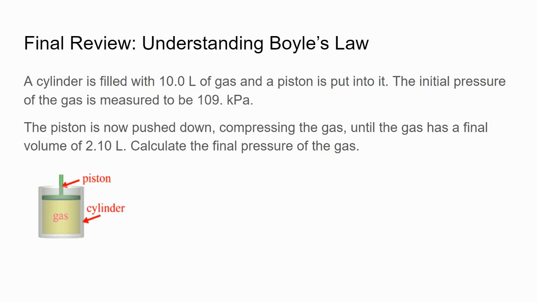I can't find kilopascals. Oh yeah, let's keep it in kilopascals. 109 times 10 divided by 2.1. Yeah, 519. Okay. That works. And then we also need, if it's 3, we need that decimal there.